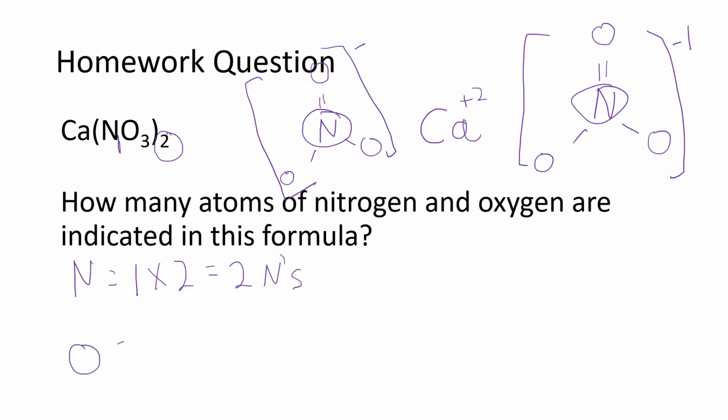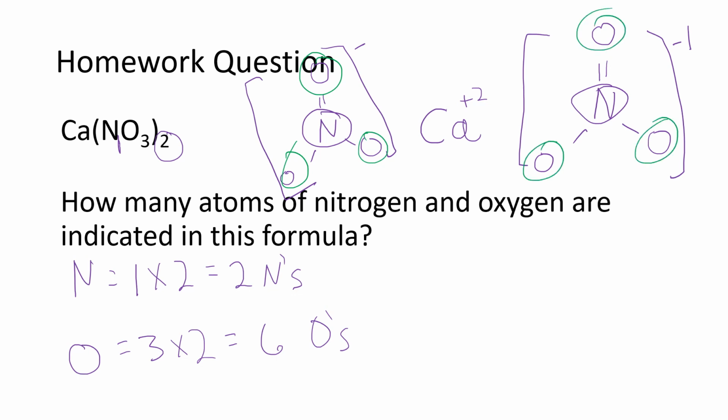For oxygen, there is a 3 inside times the 2 outside, which would give us 6 oxygens. We can verify that in our drawing. I'm going to use green to indicate the oxygens. We've got 1, 2, 3, 4, 5, 6 oxygens, so that checks.